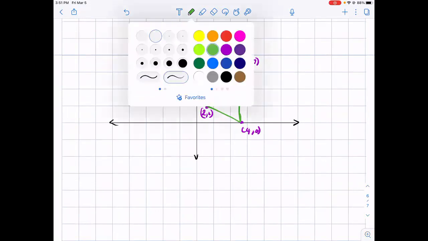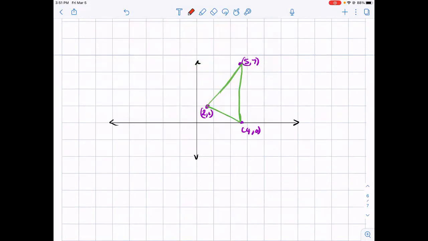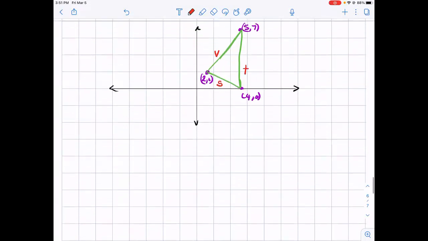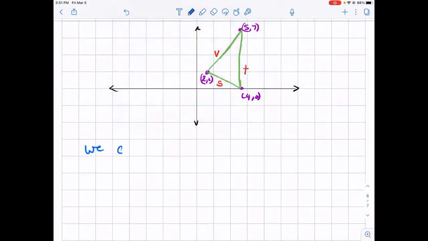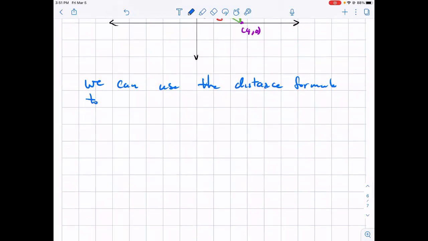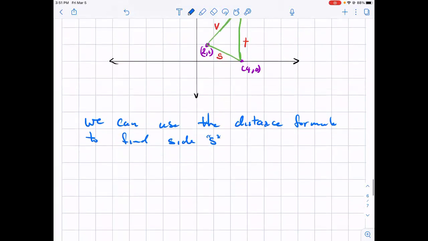Let's call this side S, side T, and side V. So we can use the distance formula to find side S. The 2 points we have there are 2, 1 and 4, 0.